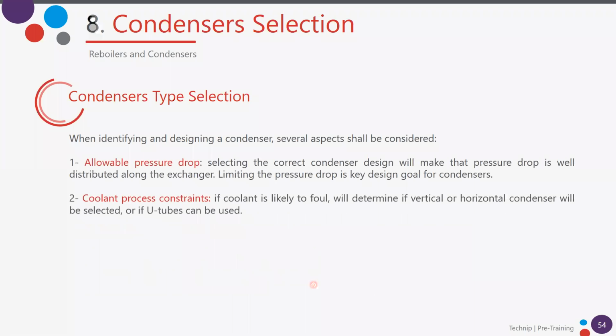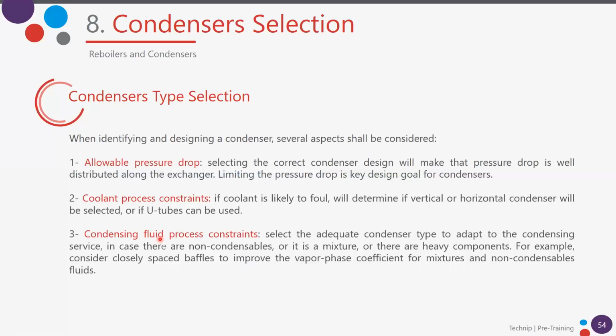The second aspect we consider is the coolant process constraints. If the coolant is likely to foul, it will determine if a vertical or horizontal condenser will be selected or if U-tubes can be used. Also, the condensing fluid process constraints.